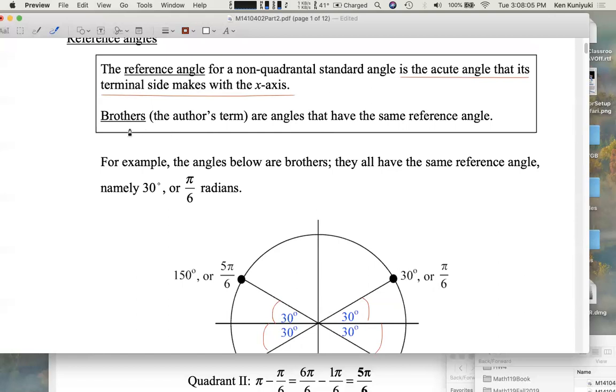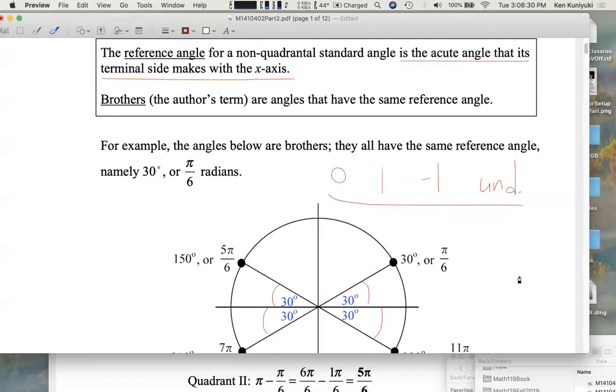Now, again, brothers have to be non-quadrantal. Quadrantal angles are different. In fact, I can tell you right now, quadrantal angles will have basic trig values that will either be 0, 1, -1, or undefined. The basic trig values for a quadrantal angle will be these.